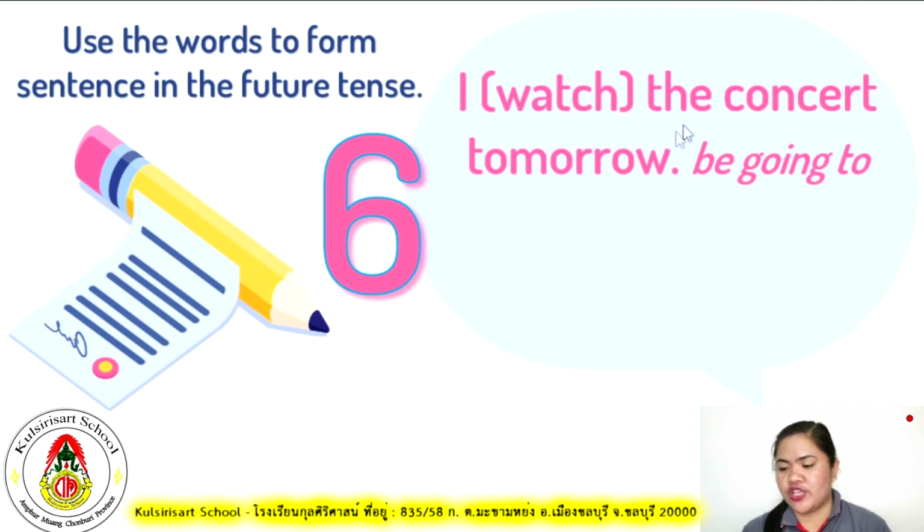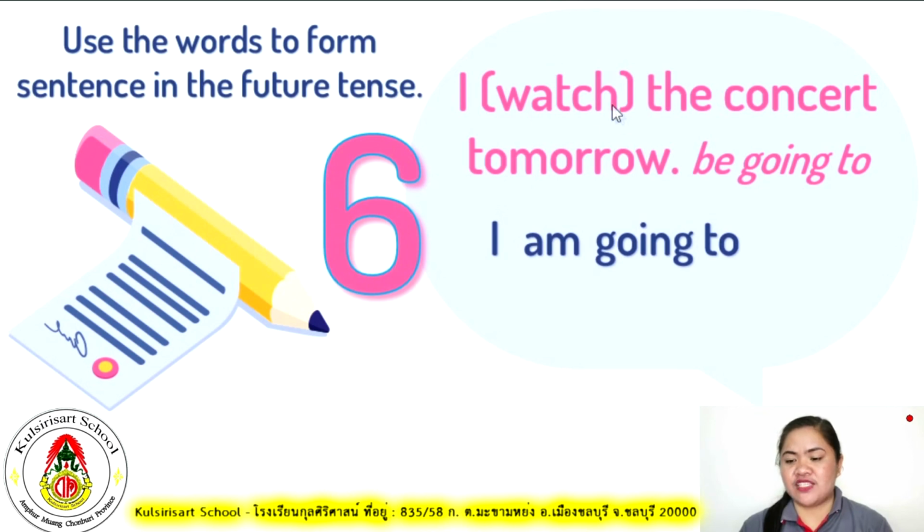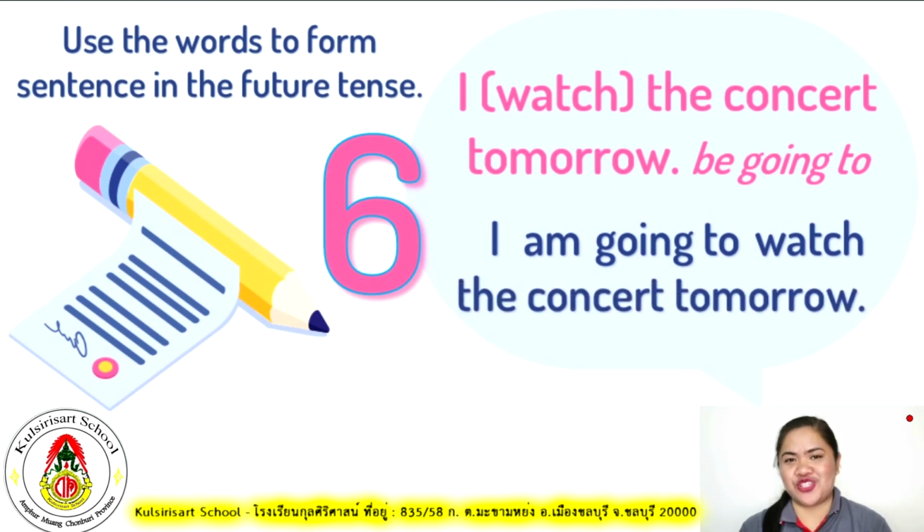So, we are going to use the be going to format. I. Again, what be verb are we going to use if the subject is I? Very good. Am. And then, going to. What is the base form of the word watch? Still the same, watch. And then the continuation. The concert tomorrow. Full stop.